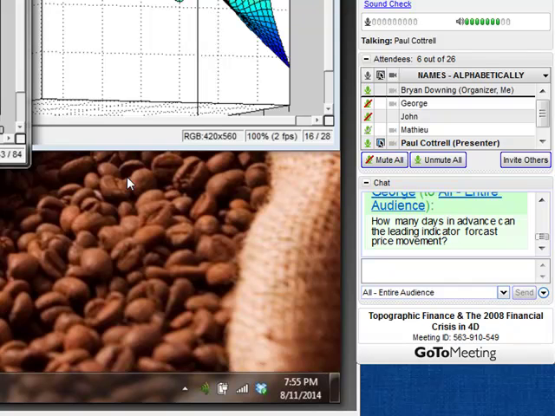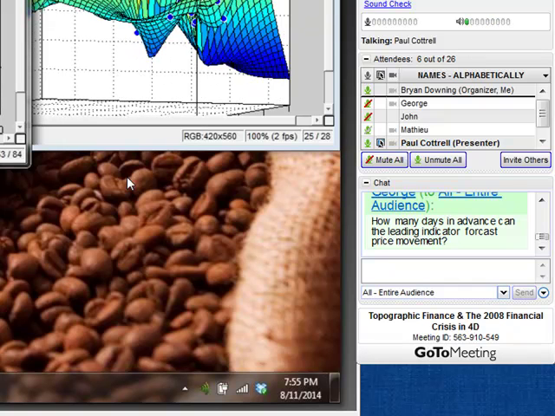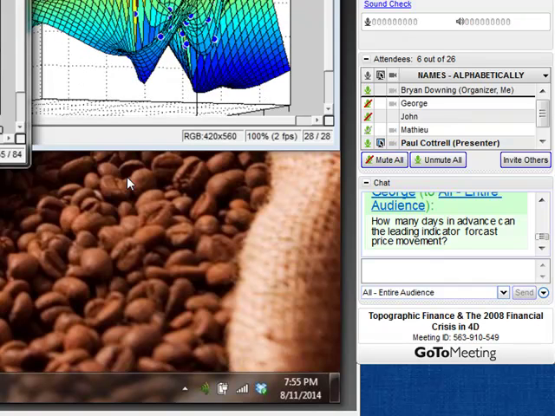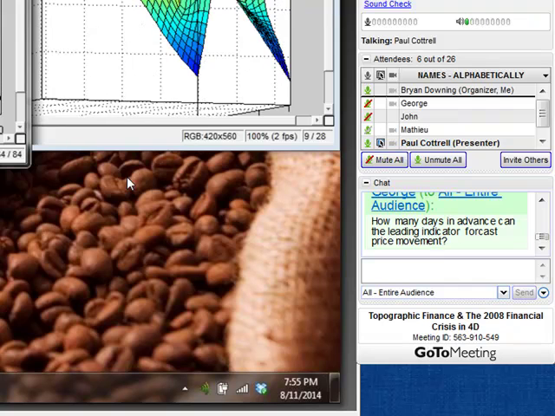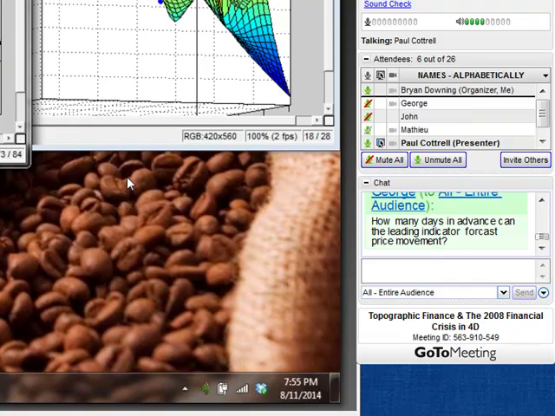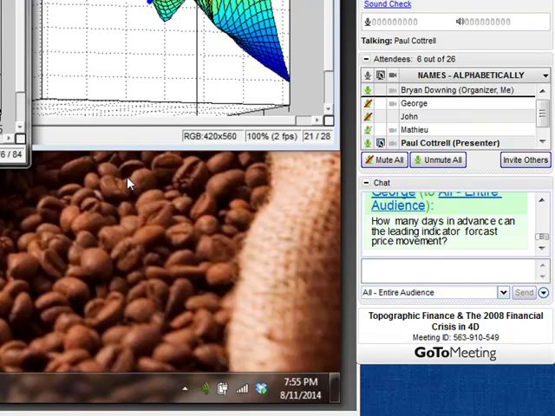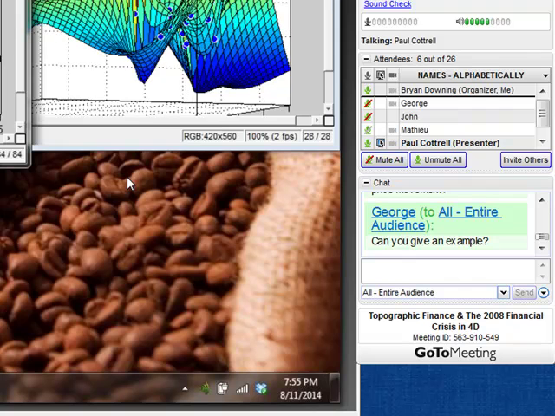So, for example, when the volatility is spiking up, you know that it's going to start going down quickly. So it's almost an instantaneous indicator.